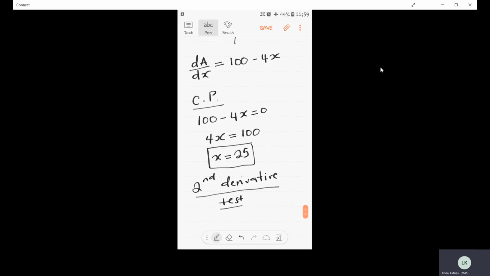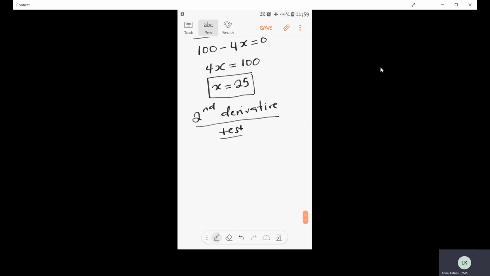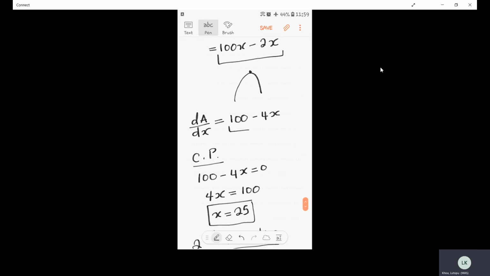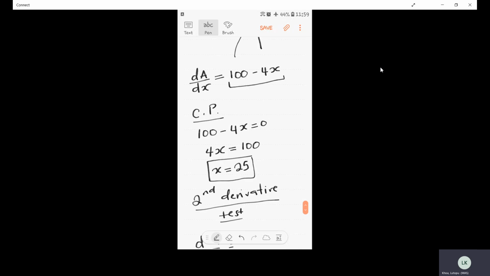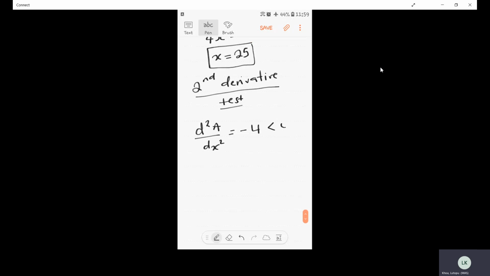So I need to work out the second derivative. So this is d²A/dx². This is equal to, I look at my first derivative, there it is. When I differentiate this, I will get 0, which is the derivative of 100, and then the derivative of minus 4x is just minus 4. And this is less than 0, that means I will have a maximum.